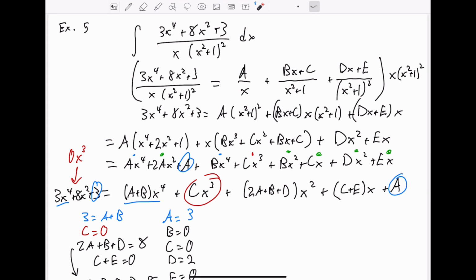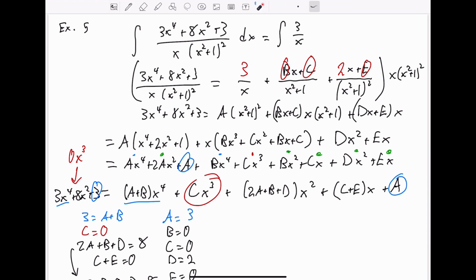A equals 3. B is 0, C is 0, so this second fraction actually goes away. D equals 2, and E is 0. So the partial fraction decomposition for this rational function is 3 over x.